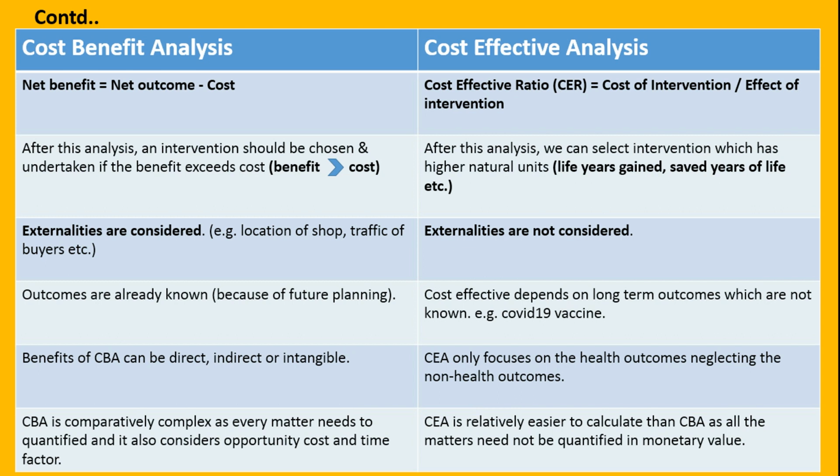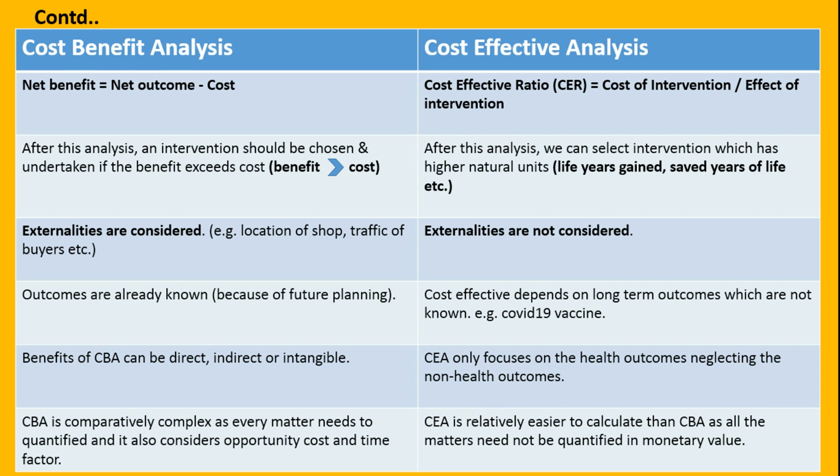Outcomes are already known in cost benefit analysis because of future planning, whereas cost effective analysis depends on long term outcomes which are not known, for example, COVID-19 vaccination. The benefits of cost benefit analysis can be direct, monetary, or indirect or intangible, whereas cost effective analysis only focuses on the health outcomes, neglecting the non health outcomes.